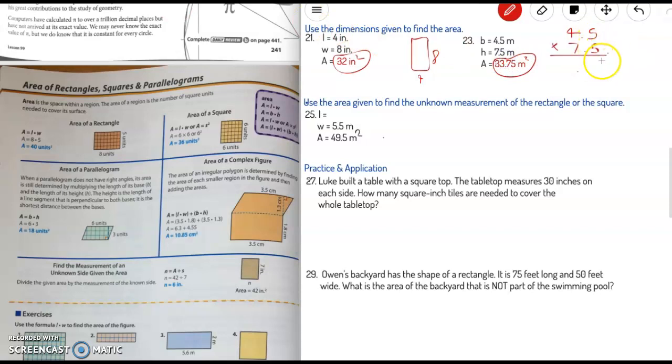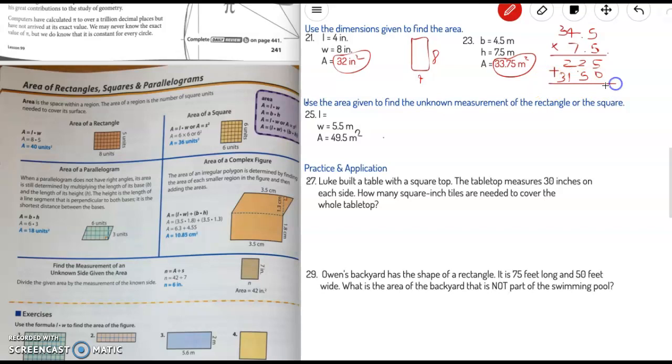Just in case you want to see the math, otherwise you can just skip ahead a few seconds. 5 times 5, 25. 4 times 5, 20, plus 2, 22. The 0 placeholder. 7 times 5, 35. Okay. 7 times 4, 28, plus 3.